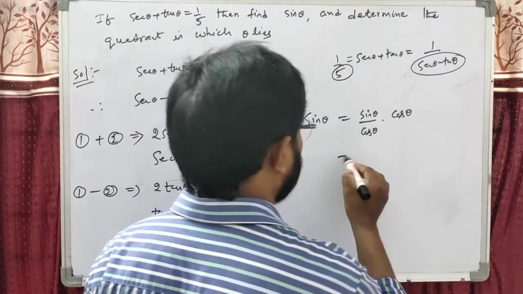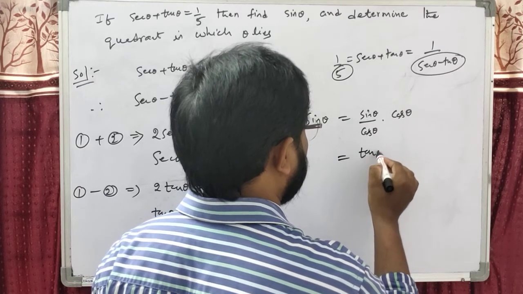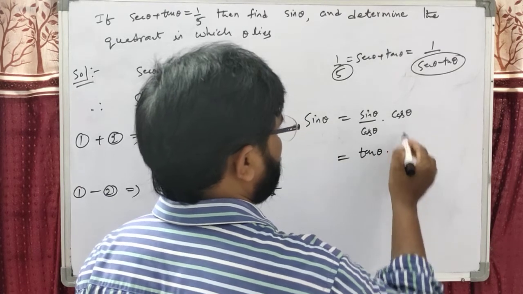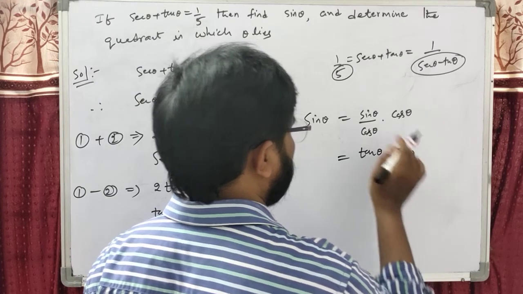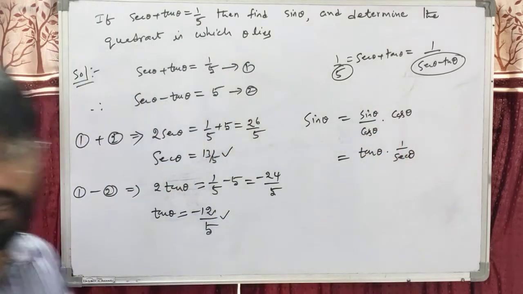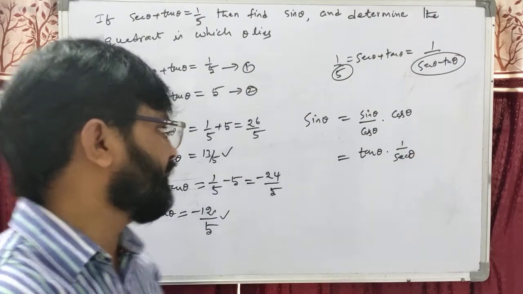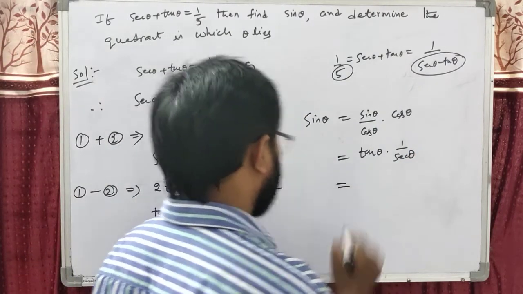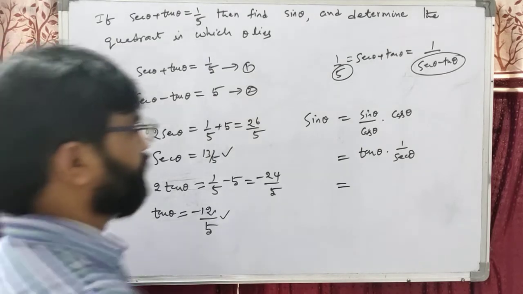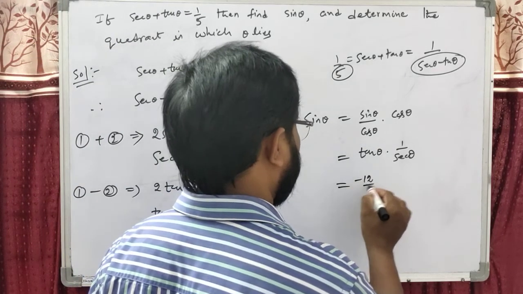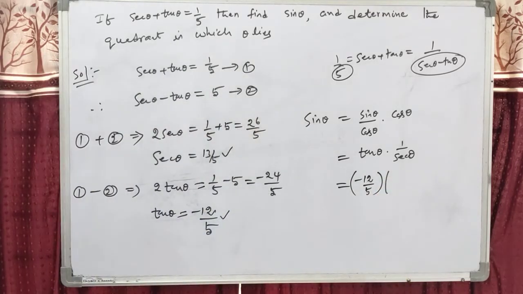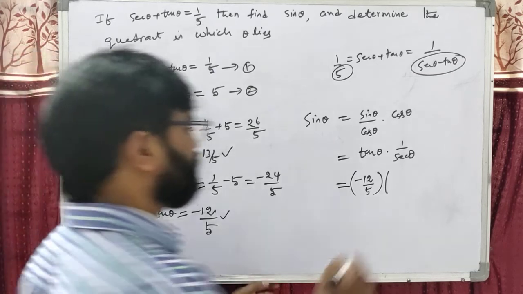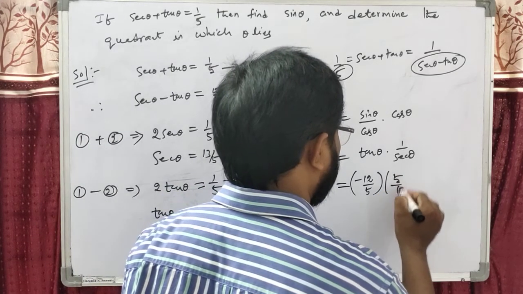We know that sin theta by cos theta is tan theta, and cos can be written as 1 by secant theta, the reciprocal of secant theta. So tan theta equals minus 12 by 5. The value of secant theta is 13 by 5, so cos theta is 5 by 13.